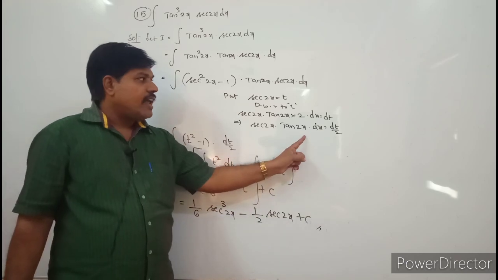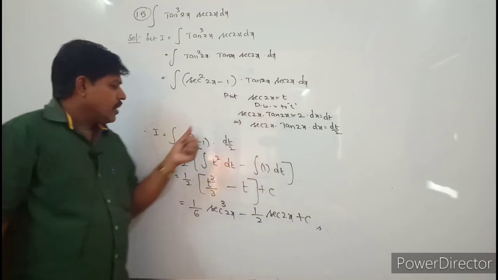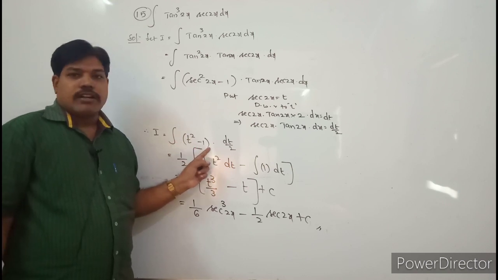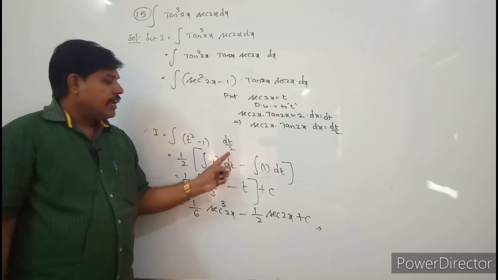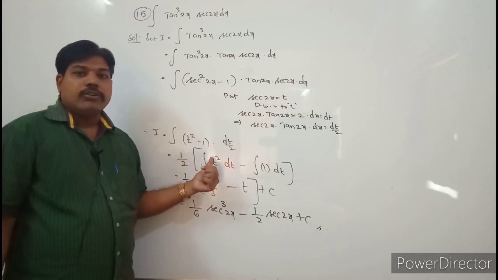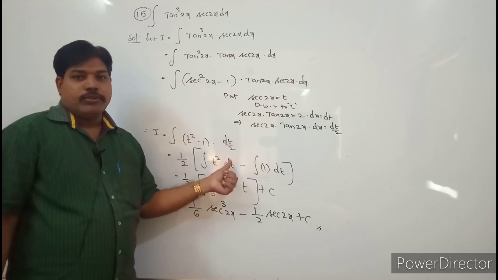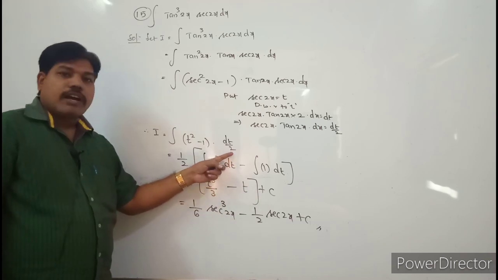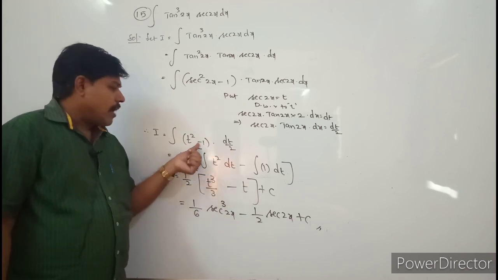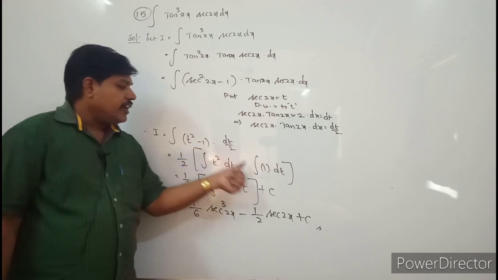So substitute this value in this problem. What will it become? Integral of t square minus 1 into dt by 2. So take this 1 by 2 out: integral of t square into dt minus integral of 1 into dt.